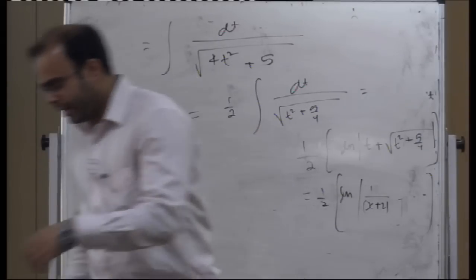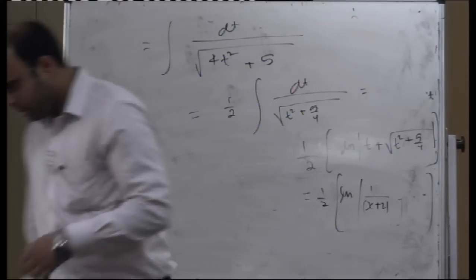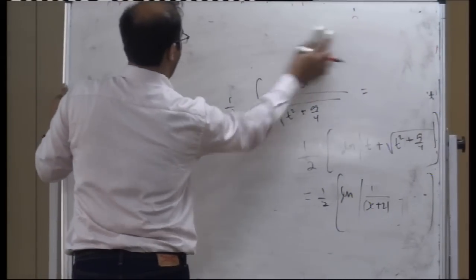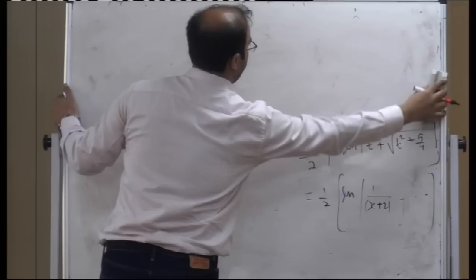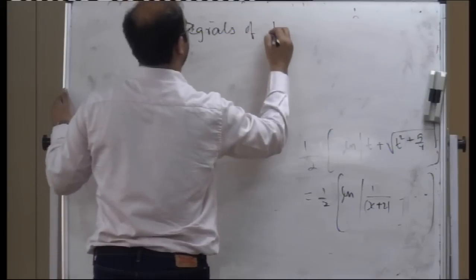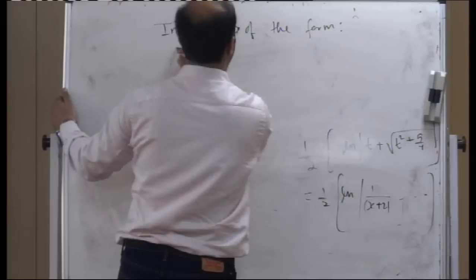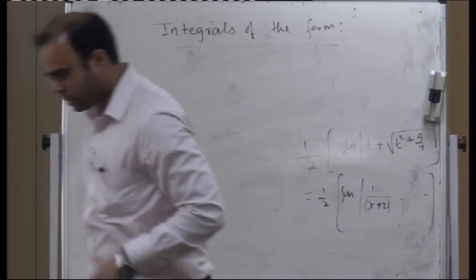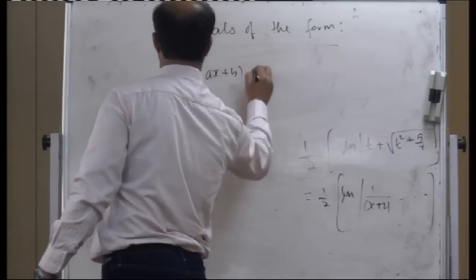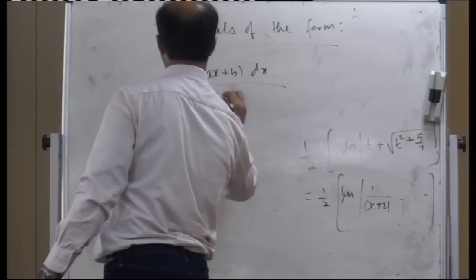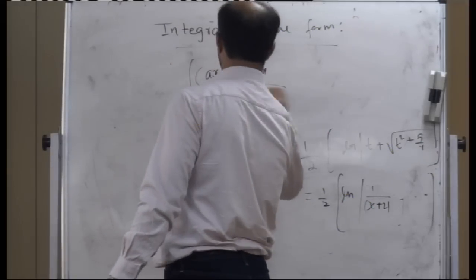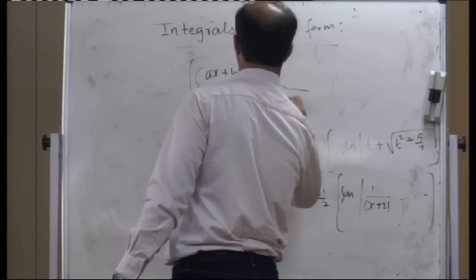Fine. Next we have integrals of the form ax plus b in the numerator, a linear term, dx upon cx plus e, a linear term in the denominator, and a quadratic term, fx square plus gx plus h.